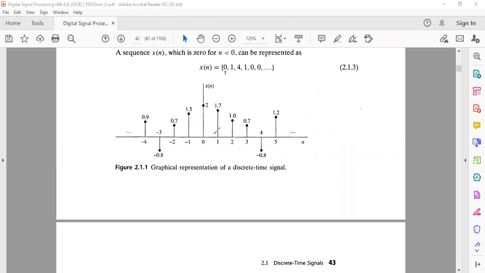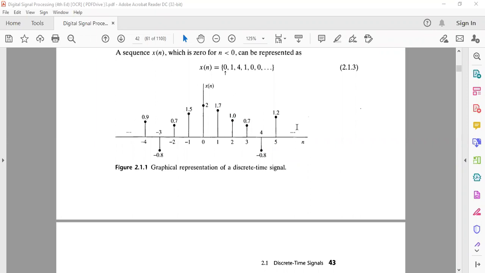Your focus will always be at the points that you have been given as the sample values. This is a graphical representation of these discrete signals.